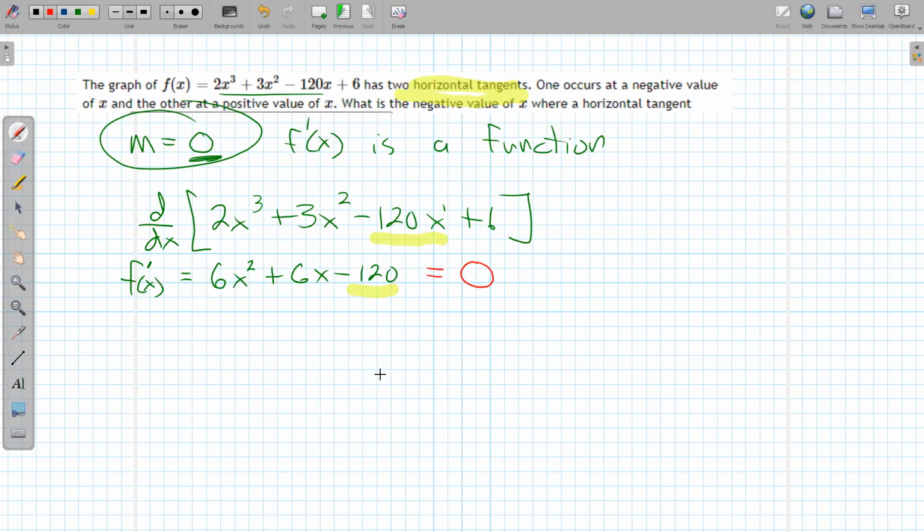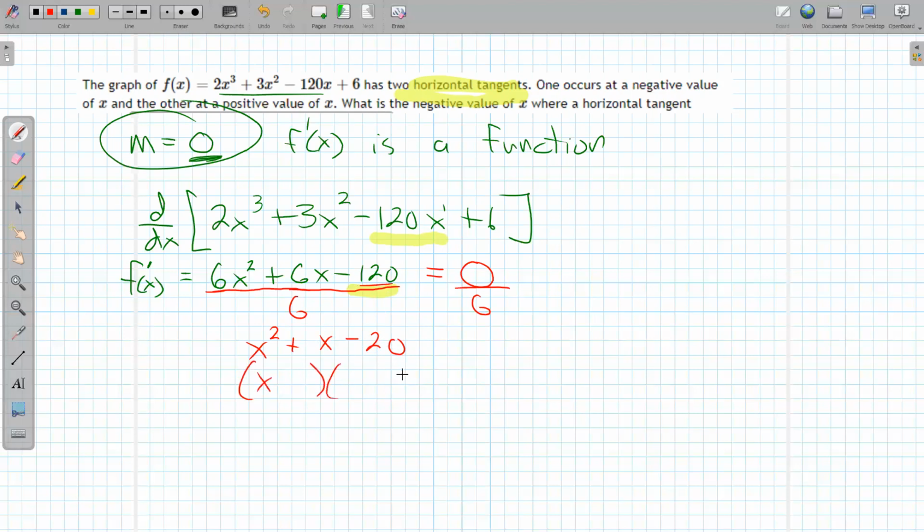Let's see, the easiest way to solve this is probably factoring, and I can see that 6 divides every term here. So if I divide everything by 6, 6 goes into 6 once, so I get an x squared. 6 goes into 6 once, so I get a plus x. And 6 goes into 120 20 times, and that's a minus. Then I need factors of 20 that give me a difference of 1, so that'd be 4 and 5.